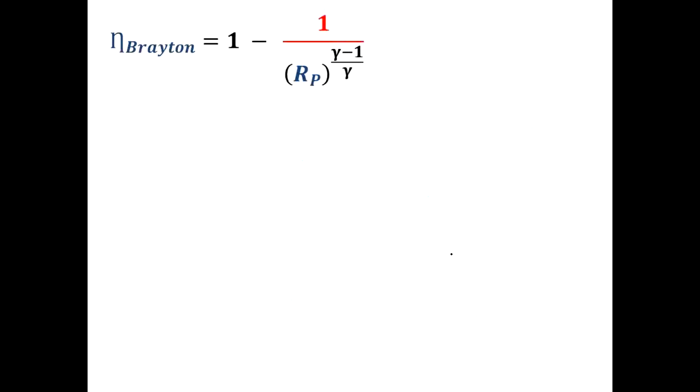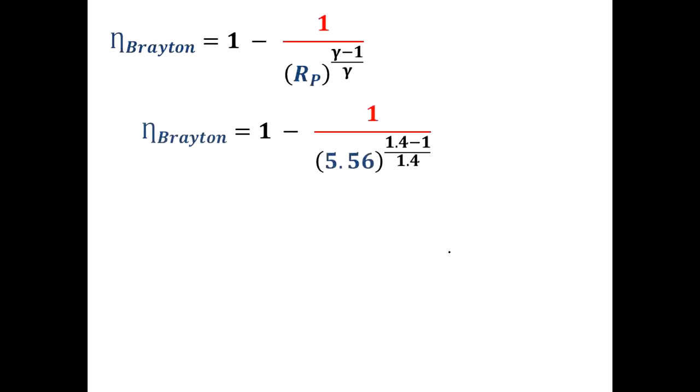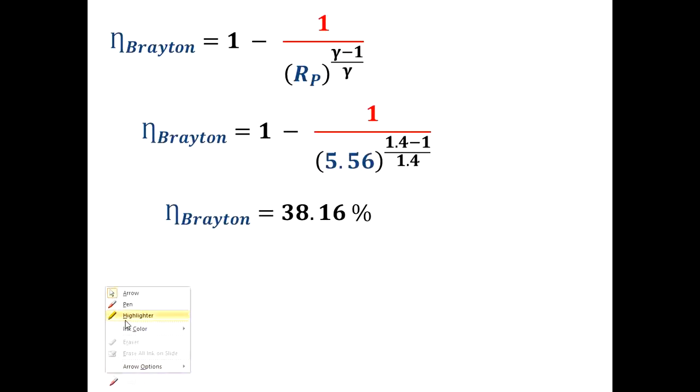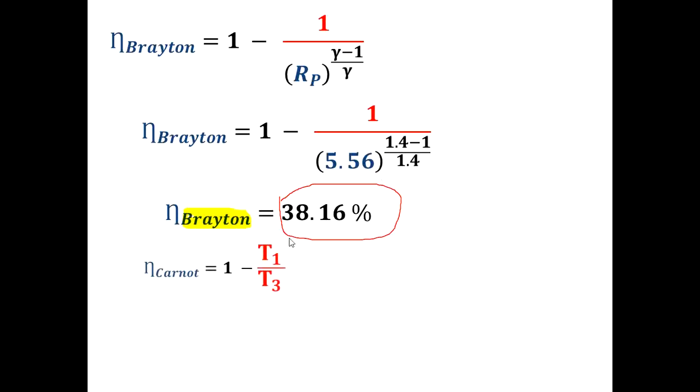Now the Brayton cycle efficiency, as usual you calculate, is 38.66%. Next, for Carnot efficiency, you want to consider the maximum and minimum temperatures. The minimum temperature is T1, the maximum temperature is T3.